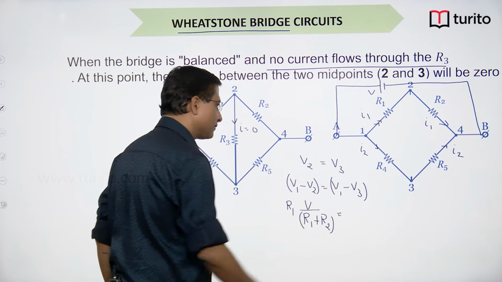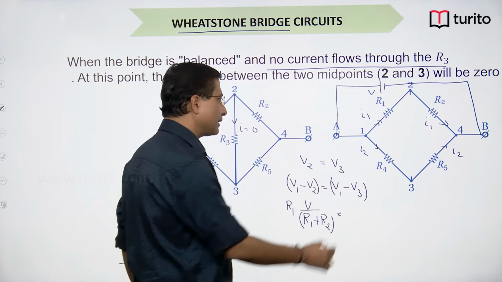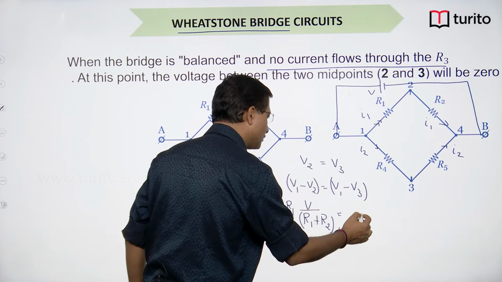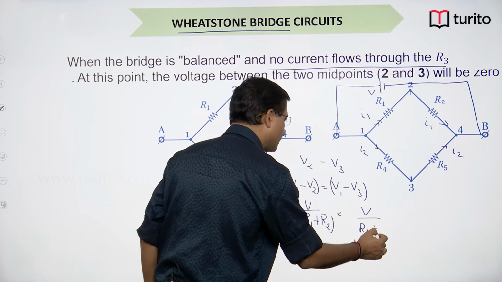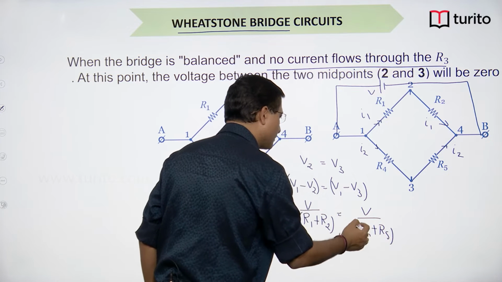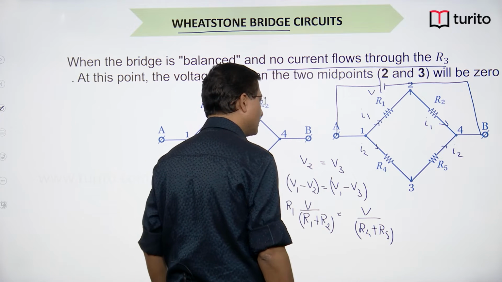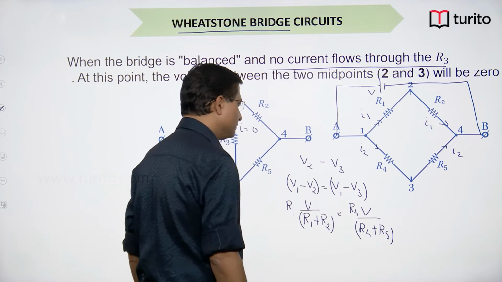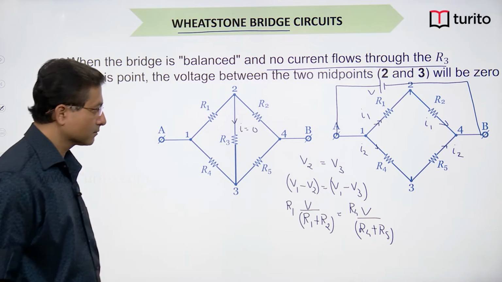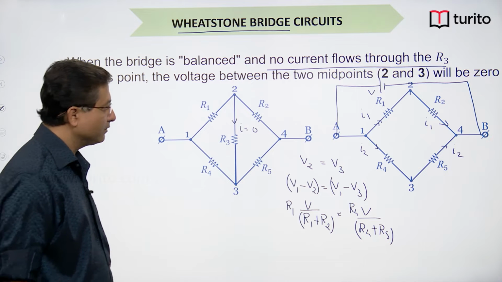Same way I can write here. First calculate current I2. I2 will be equal to V divided by R4 plus R5, and then multiply to this resistor R4. In that, V will get cancelled out.